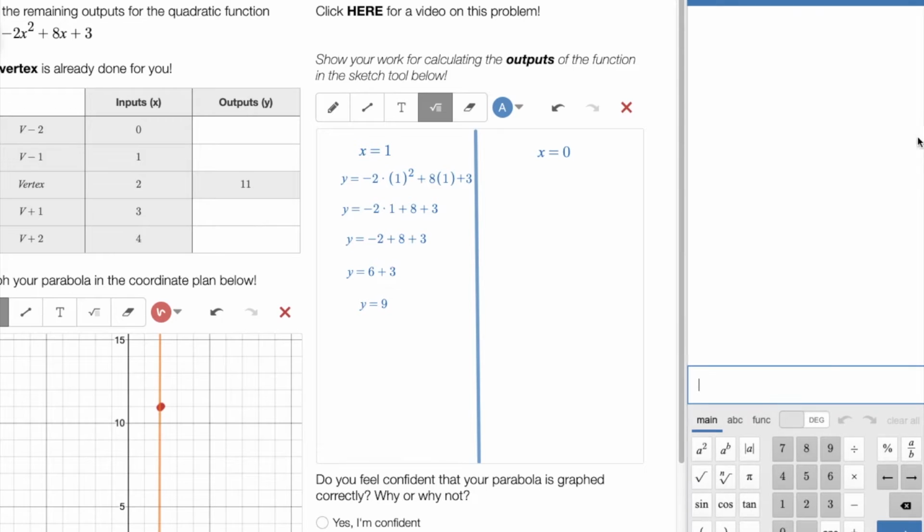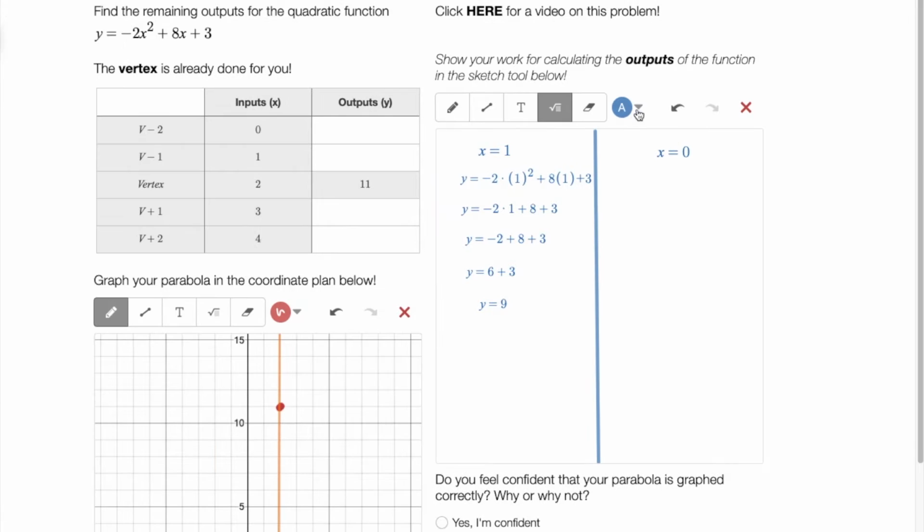At any point, if you need to double check some of that math, feel free to use the scientific calculator. I feel pretty confident, so I'm going to write this as an ordered pair. I input 1, my output is 9.